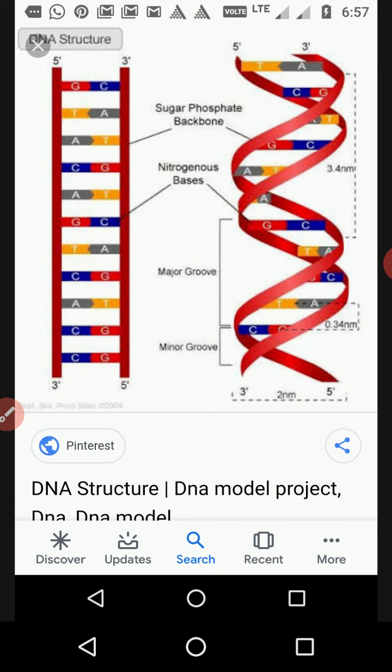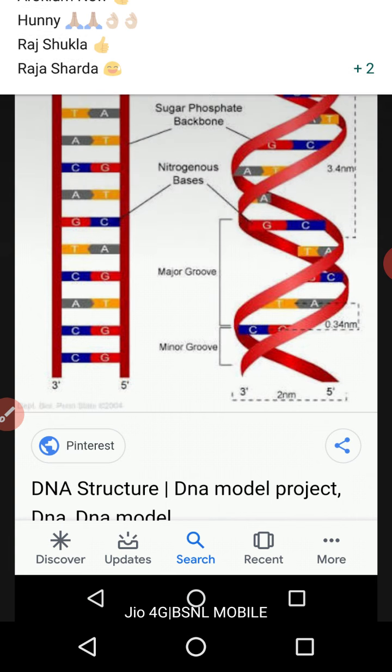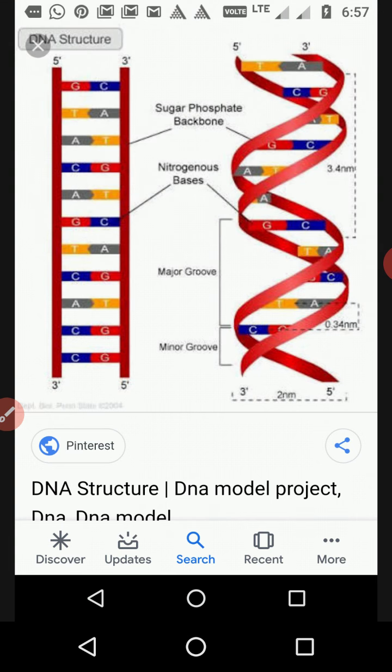In our DNA structure we have 5 types of nitrogenous bases: adenine, guanine, cytosine, thymine and uracil. You can see in the middle A, T, G, C, A, C in the first diagram, and in the second diagram also. These nitrogenous bases form one nucleotide base pair in DNA.